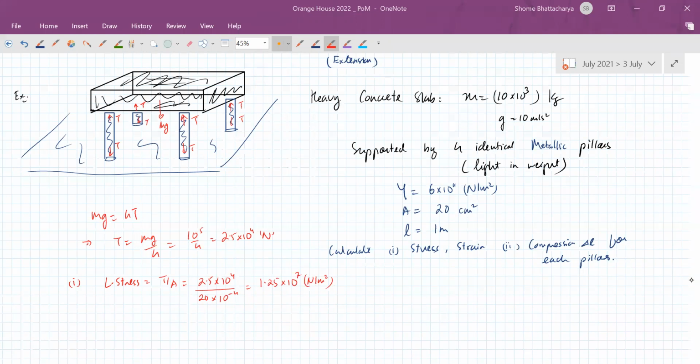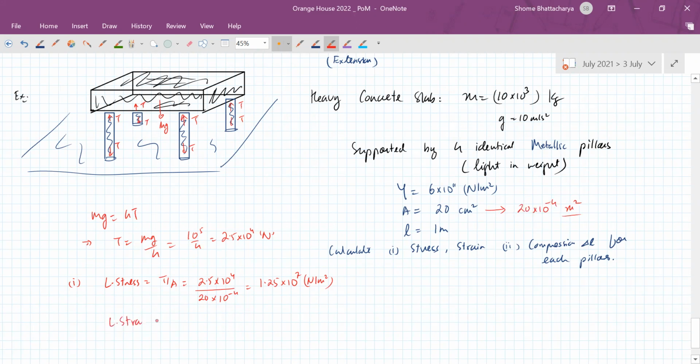okay, many of you have not divided the mg by 4 for the tension in each rod. So please take note that it will be like this. Also, you have to convert to SI units. So this is meter square. Okay.